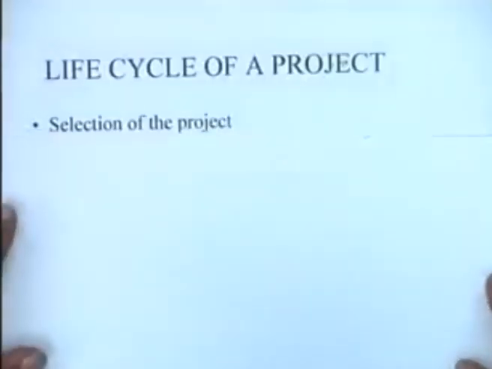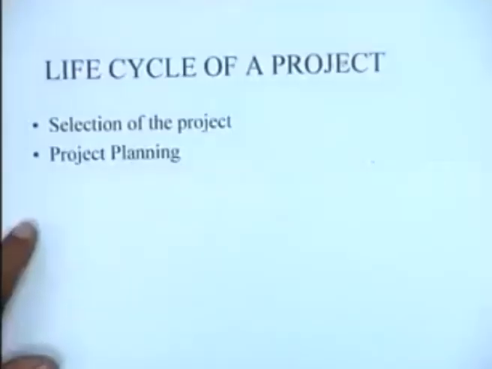Now, if we look at the life cycle of a typical project, the first and the most important stage in the life of a project is the selection of the project. Now, we took up some examples just now of different projects which could be possibly conceived, and ultimately you take one particular project which you would like to implement.